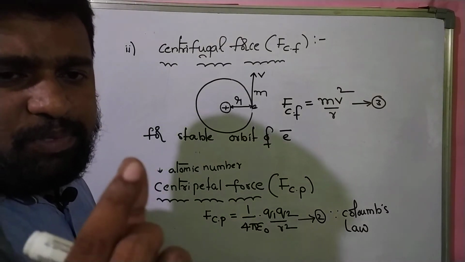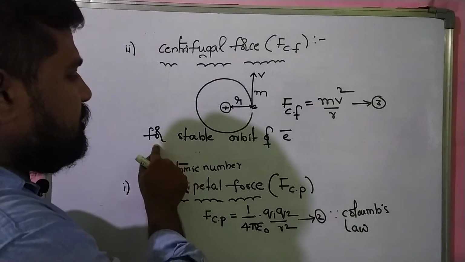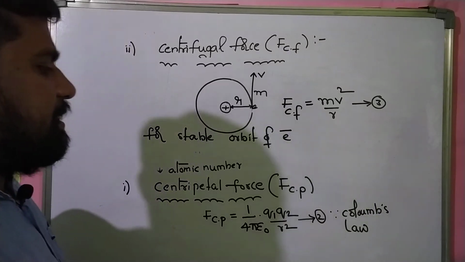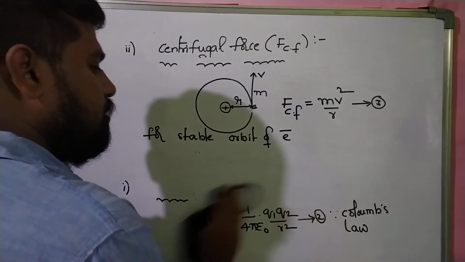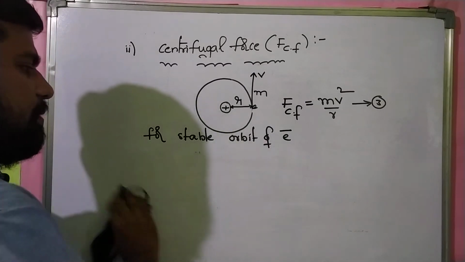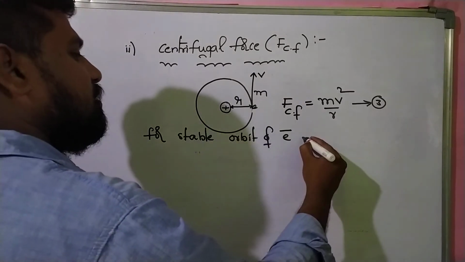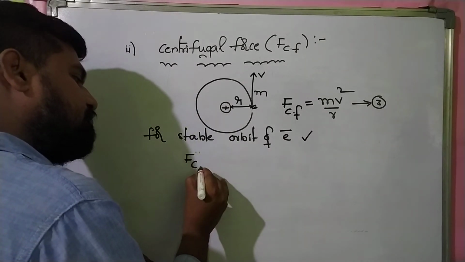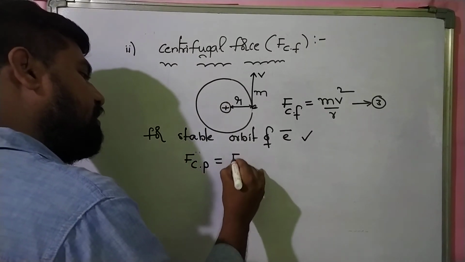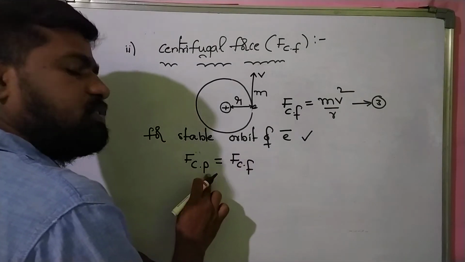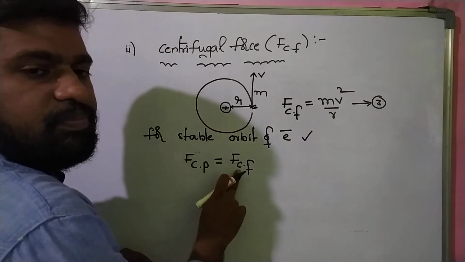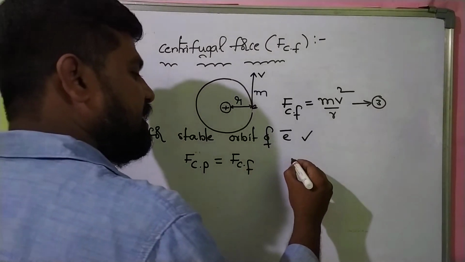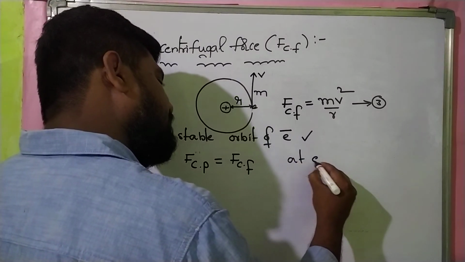The atom has some stability. So for stable orbit of electron, means at equilibrium state, listen everybody, the centripetal force FCP equals FCF, means centripetal force always equals the magnitude of the centrifugal force. So this is at equilibrium condition.